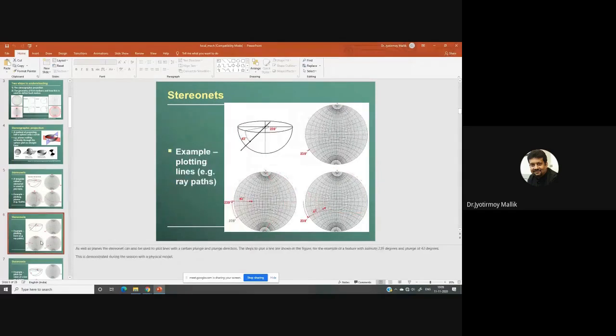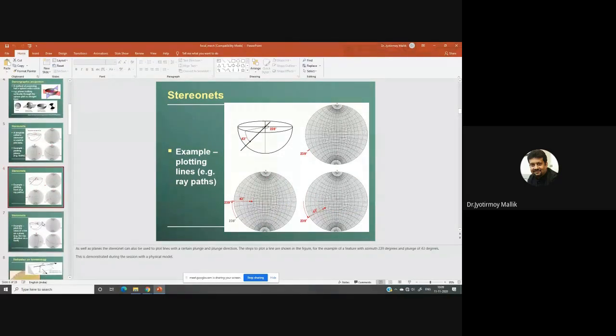Similarly, we said that a line is represented by a point in a stereographic projection. So our idea will be to use the stereographic projection method to create a beach ball diagram, which is a representation of the fault system responsible for an earthquake.